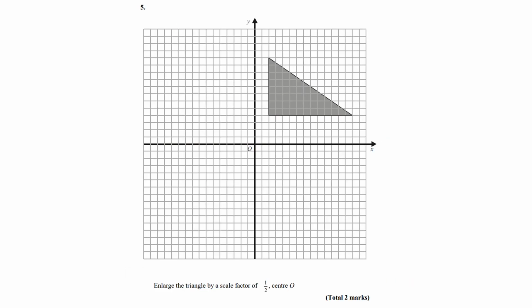What about something like this, where we're told to enlarge the triangle, scale factor a half? How are we going to do that? Well, once again, let's label the center, which is at the origin. And again, one at a time, let's connect it to points A, B, and C. Okay?